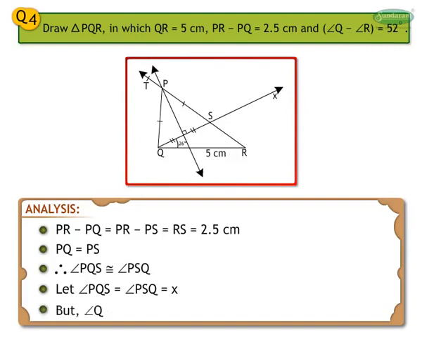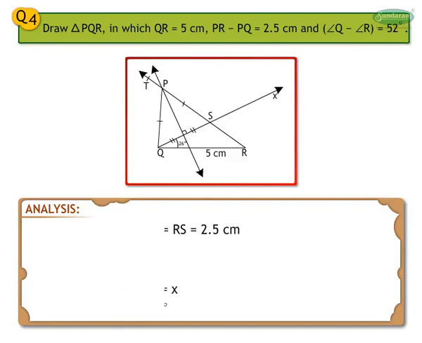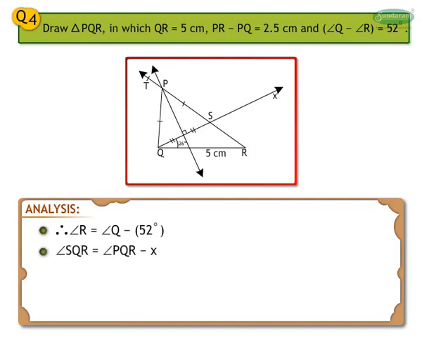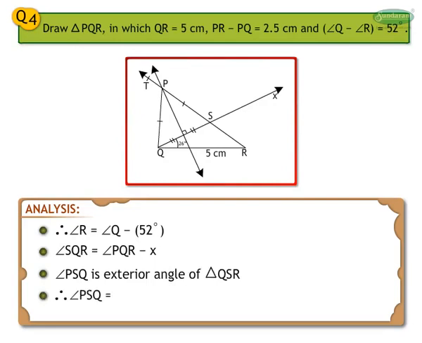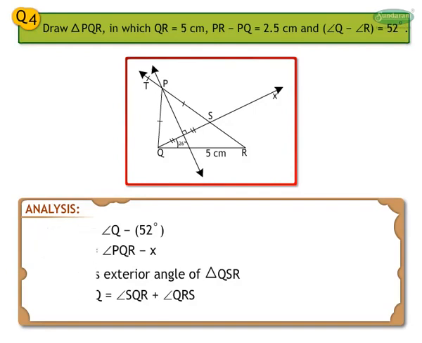But angle Q minus angle R is equal to 52 degrees. Therefore, angle R is equal to angle Q minus 52 degrees. Angle SQR is equal to angle PQR minus X. Angle PSQ is an exterior angle of triangle QSR. Therefore, angle PSQ is equal to angle SQR plus angle QRS.